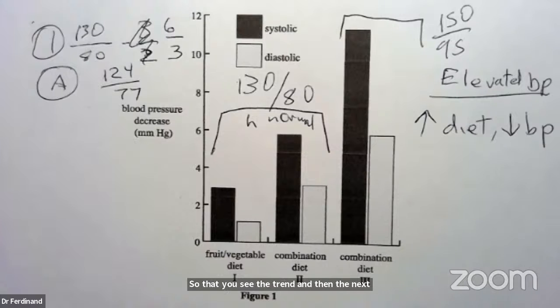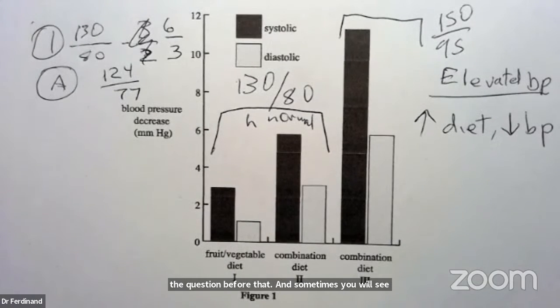So if you see a question somewhere within a passage and you feel lost, you're not sure how to start, then go back to the previous question or possibly even the question before that. Sometimes you will see the clues that will lead you to answer a question that is more difficult.